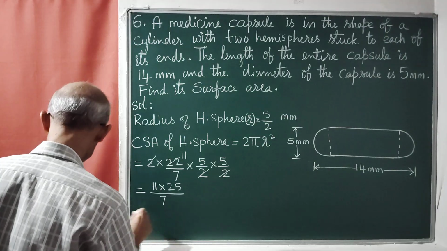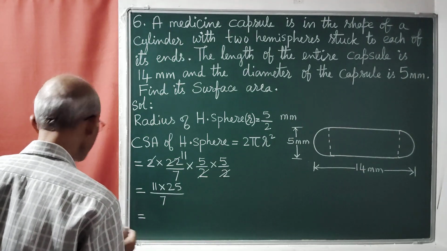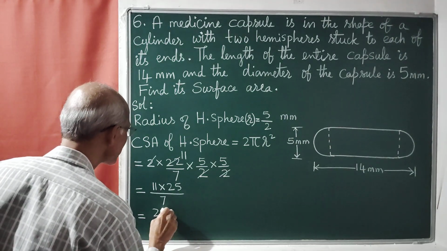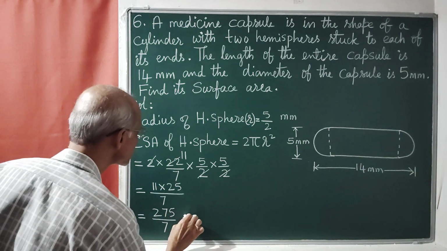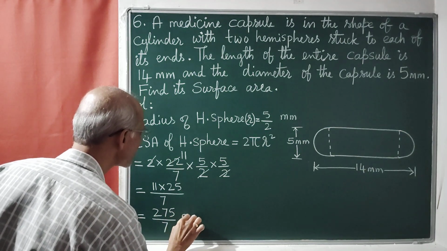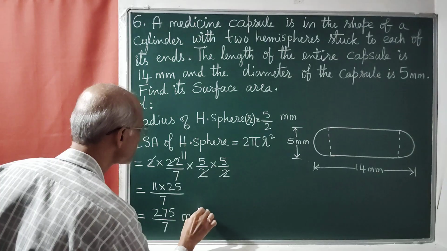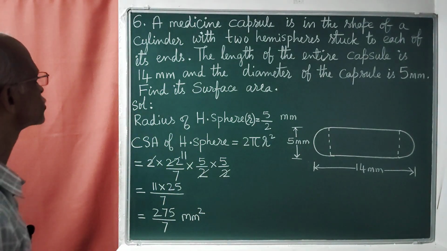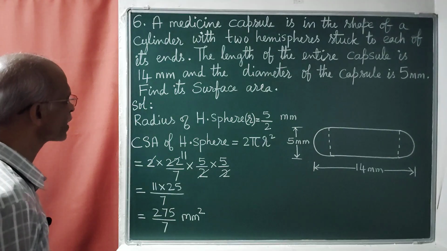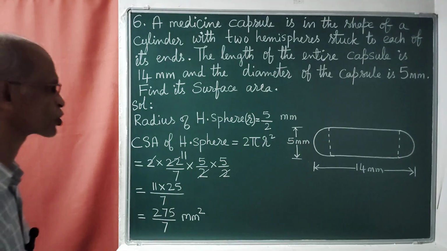That's equal to 275 by 7 millimeter square. The CSA of the hemisphere is 275 by 7 millimeter square.